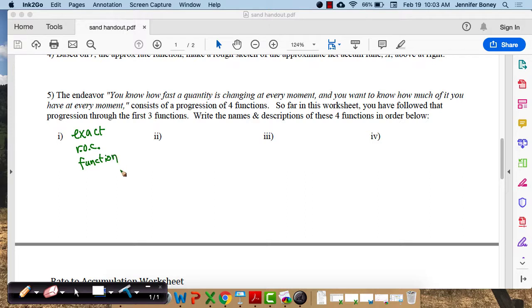We had that nice curved thing that described how the sand was being poured onto the scale. The weight was increasing at varying rates from low positive numbers to high positive numbers and then back to low positive numbers again. But that gave us an exact rate of change function.